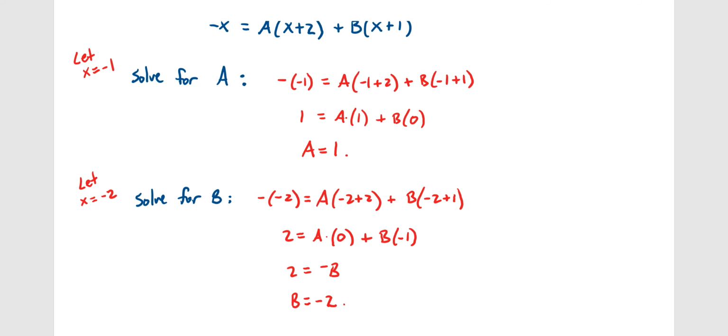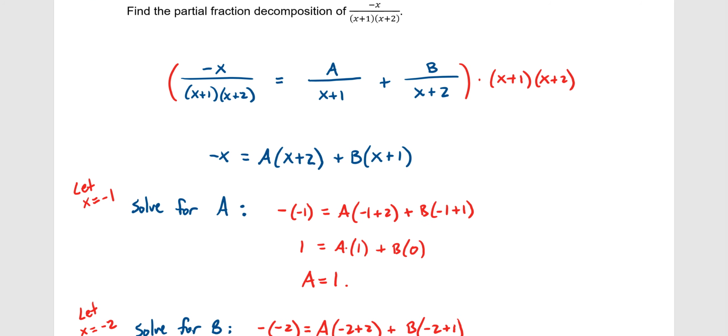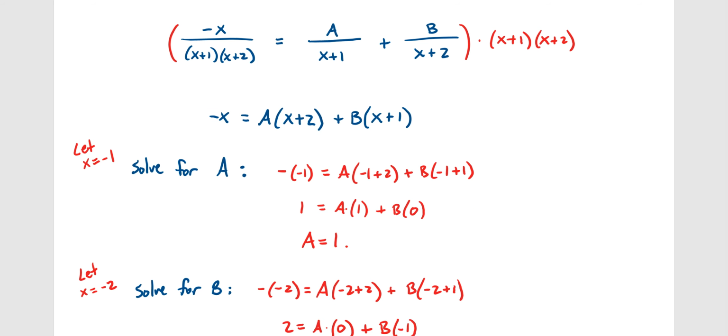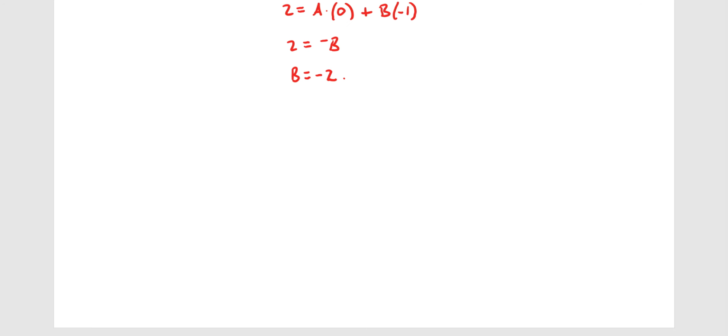Now we just have to use what we created up here and pretty much rewrite this, except without using a and b. We're going to plug in what we just found for them. So originally we said we were looking for the decomposition of negative x over x plus 1 times x plus 2.